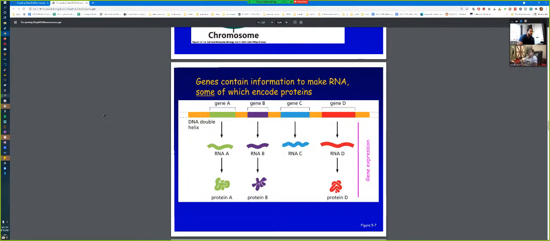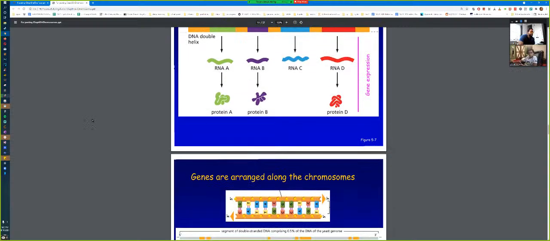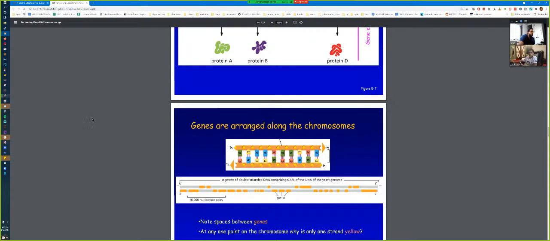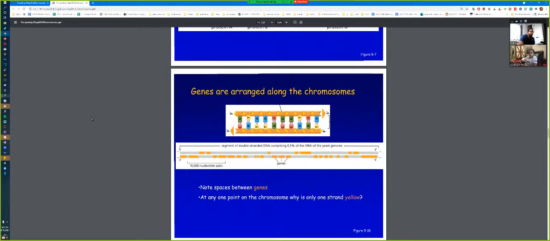Essentially, a gene is just something that gets transcribed into RNA, which then gets translated into protein. And they're arranged along the chromosomes.